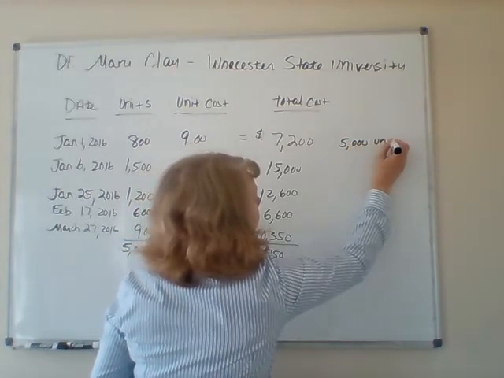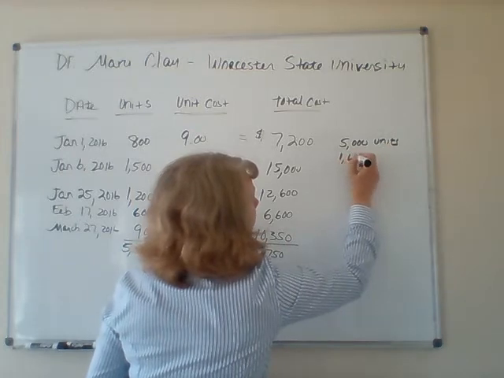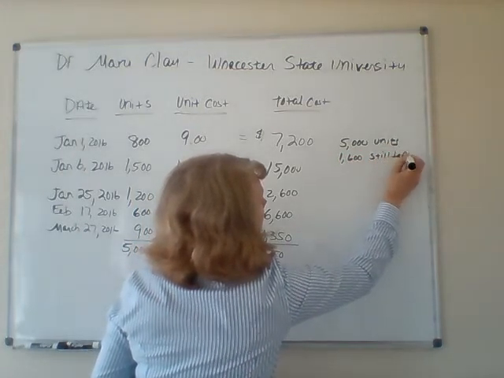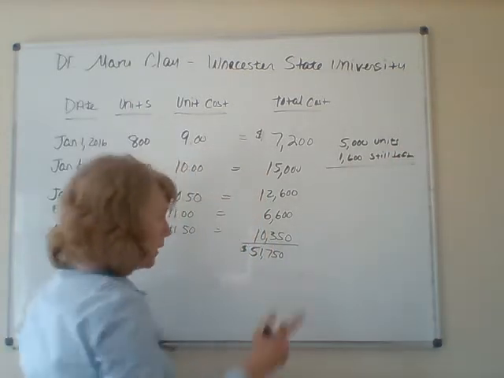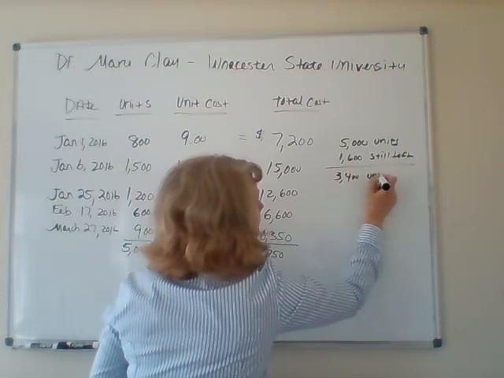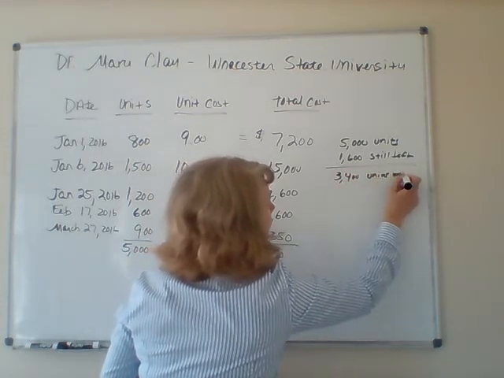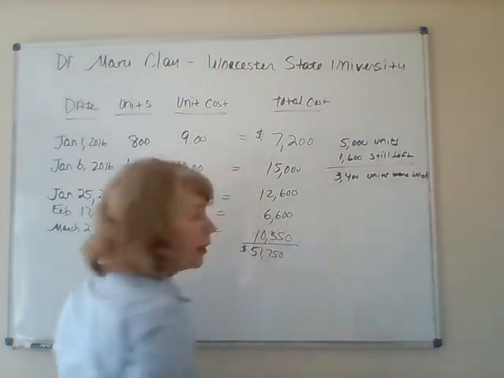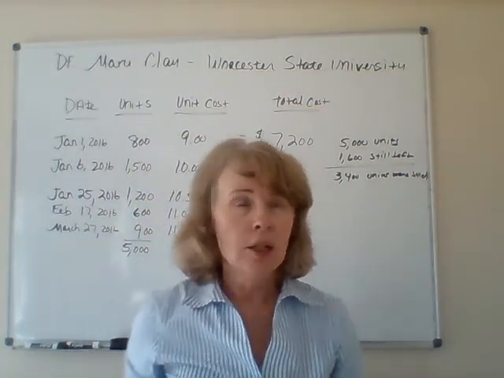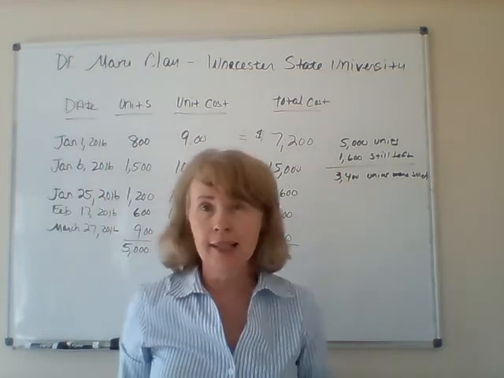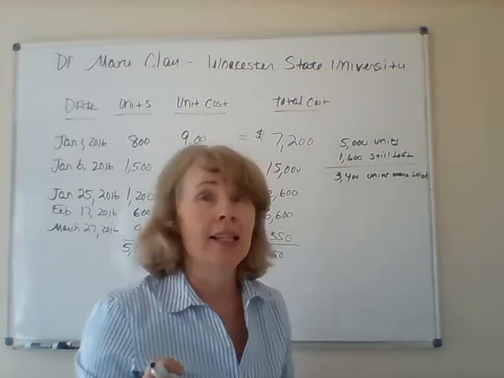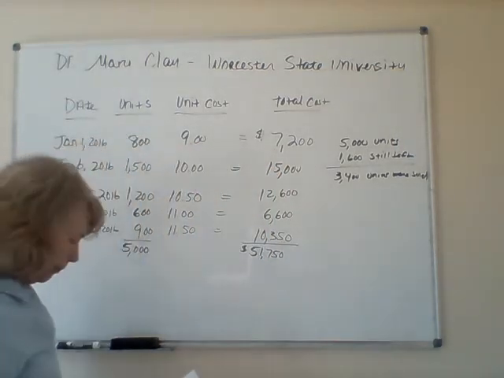That's how much I had sitting there. 1,600 are still left. So what's that mean? That means 3,400 units were sold. This particular problem is only asking for ending inventory, so I only need the 1,600 units. Everybody remember that.